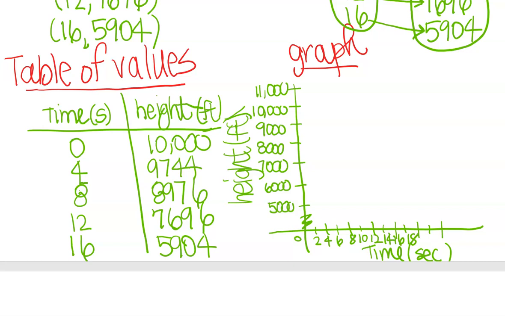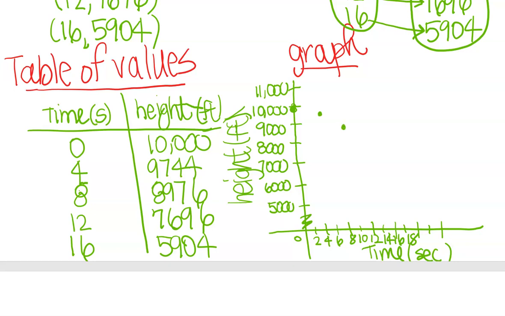So at 0, it's up here at 10,000. At 4, it is at 97. Oops, 10,000, I did 11, just a minute. At 4, it's just under 10,000. And here you have 1,000 per square, so they're going to be kind of clumped together a little bit. At 8, it's just under 9,000.